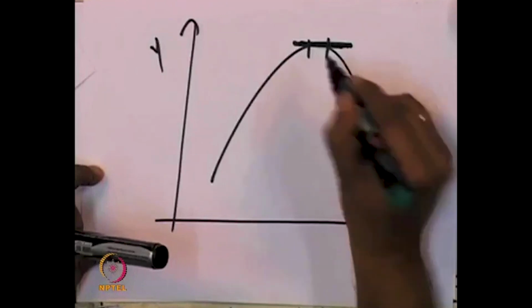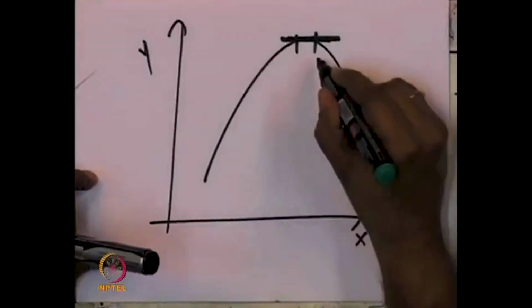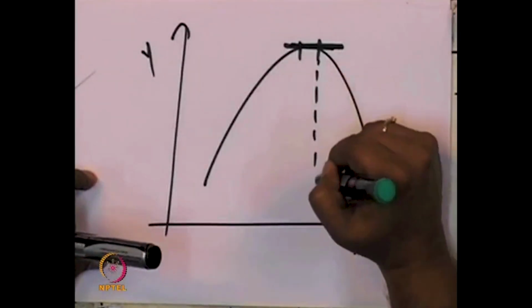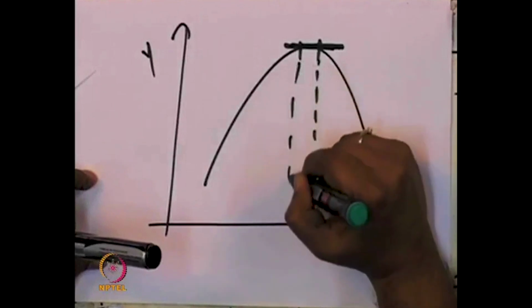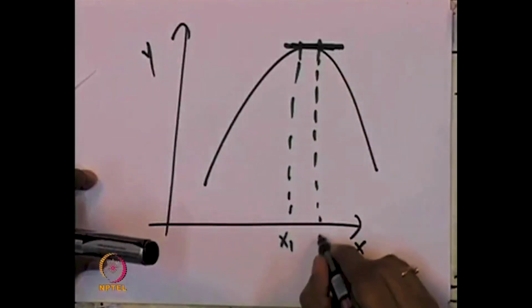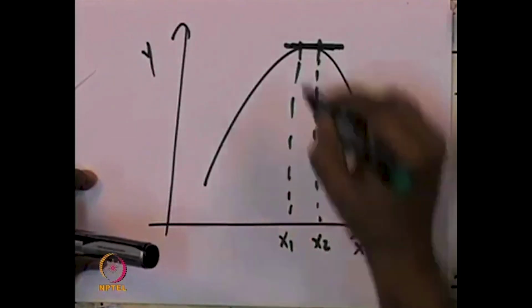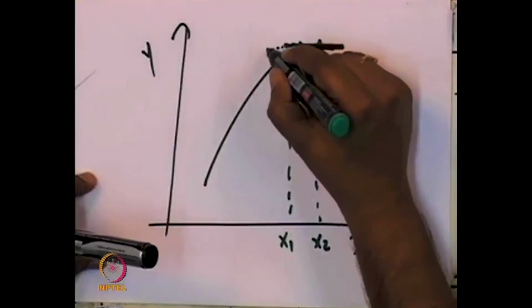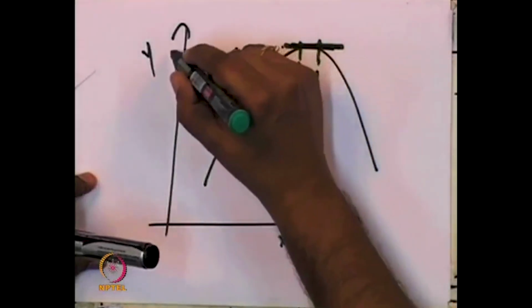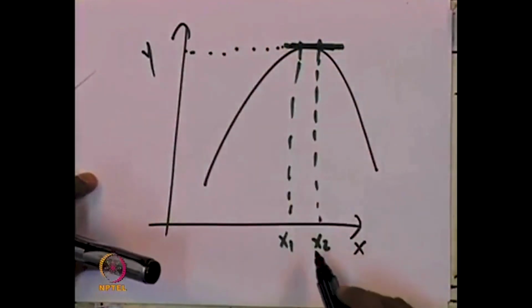So, you have these two values, this is x 1 and this is x 2, but for each of these x 1 and x 2, the y value is the same, the y does not change. So, y 1 equals y 2.